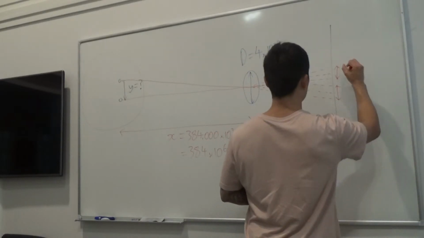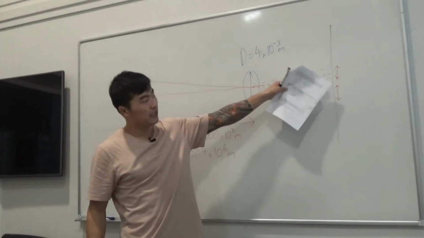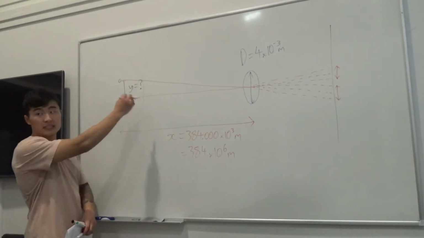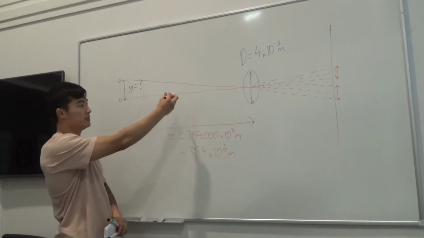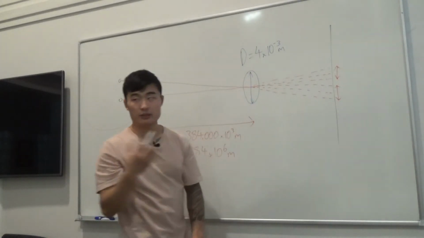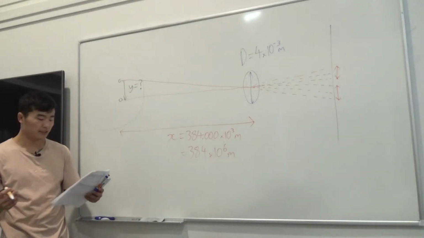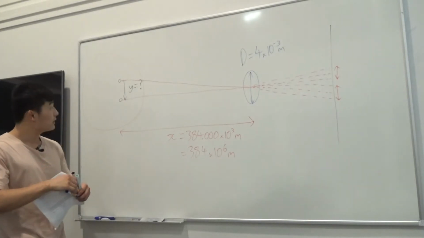Okay, so here they're not overlapping, so you'd just be able to resolve these. If they were any closer together, this angle would become smaller and they would probably overlap, and you wouldn't be able to resolve the objects. Okay, so what we're after is the y value.